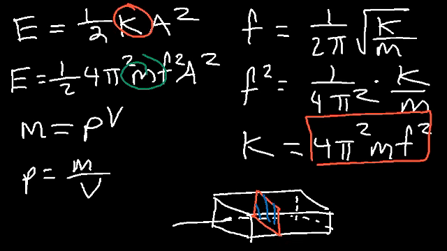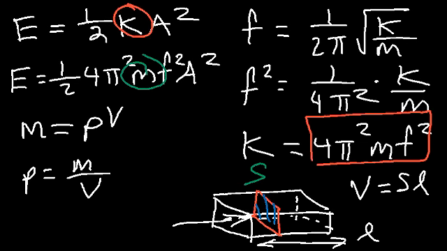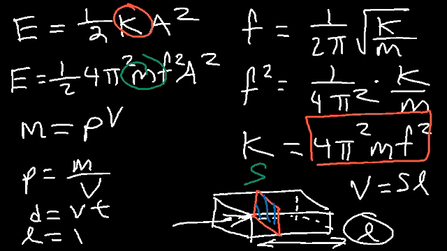This area in which the wave passes through, the cross-sectional area, we'll call it S. And the length of the rectangle, or the height, we'll call it L. The volume of this rectangle is the area times the length. And we know that the distance that a wave travels is the speed multiplied by the time. So we can treat L as the distance that it travels. The length of that rectangle could equate to the distance because they're both measured in meters. So we could say that L is equal to Vt.